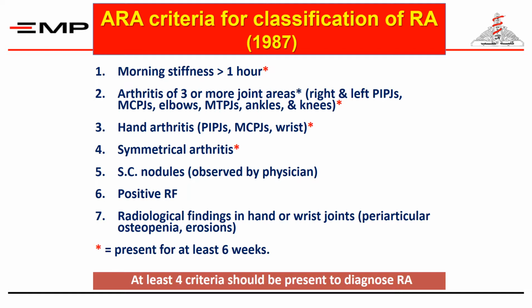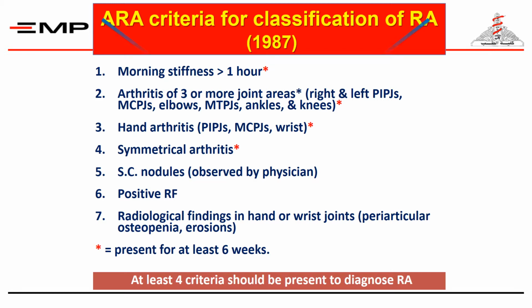The first is morning stiffness more than 1 hour, arthritis of 3 or more joint areas, hand arthritis, symmetrical arthritis and bilateral, subcutaneous nodules, positive rheumatoid factor, and radiological finding in hand or wrist in the form of periarticular osteopenia or erosions, and the presence of at least 4 criteria of these 7 for at least 6 weeks can diagnose rheumatoid arthritis.